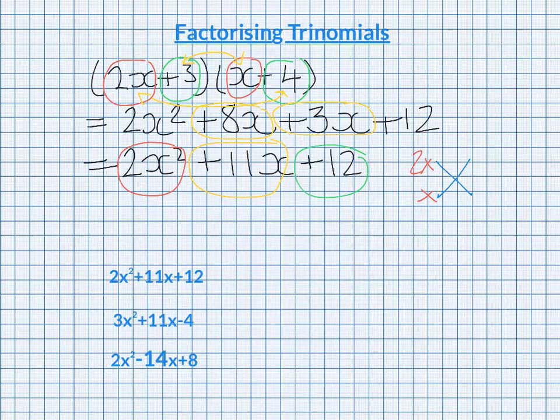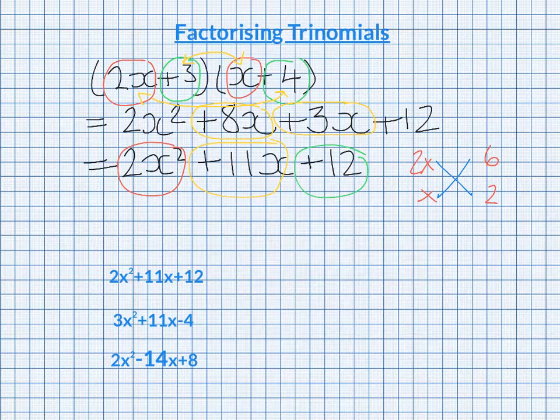So I'm going to put in here factors of 12. I'm going to try first 6 and 2. And this is just trial and checking and improvement. So I'm going to do a cross multiplication. So I've got 2x times 2 and I've got 6 times x.